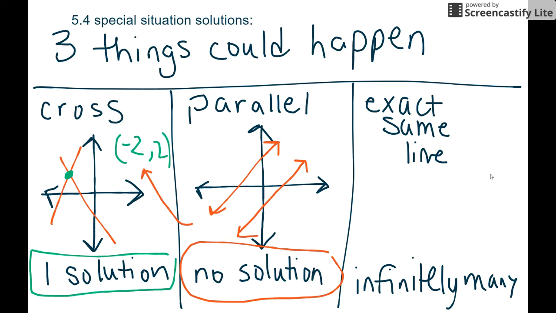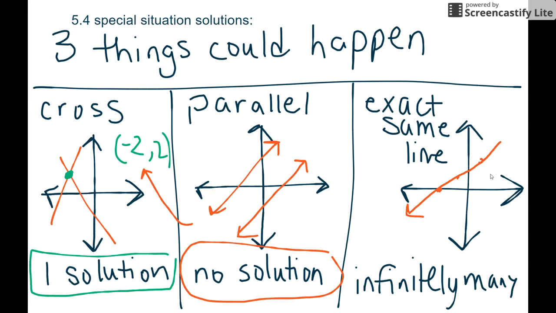And then sometimes when you graph, you'll graph the first line, maybe it's this point and this point, and draw yourself your line. And then you go graph the second line, and they're the exact same lines, and the lines land directly on top of each other.